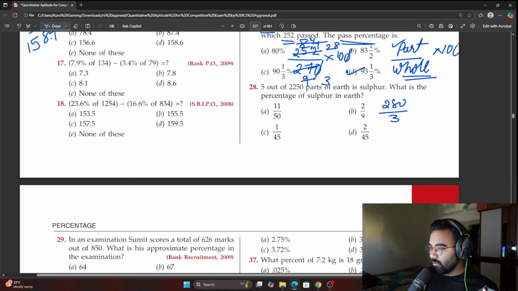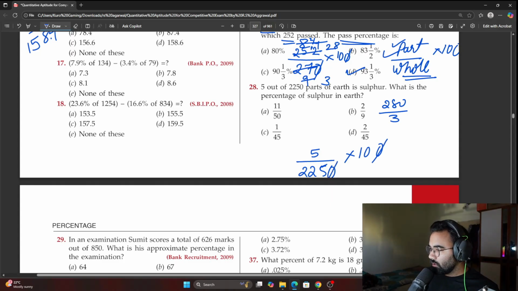All right, move on to the 28th one. 5 out of 2250 parts of Earth is sulfur. What is the percentage of sulfur on Earth? We'll again use this formula, part upon whole into 100. So 5 is the part. What is the whole? 2250 into 100.